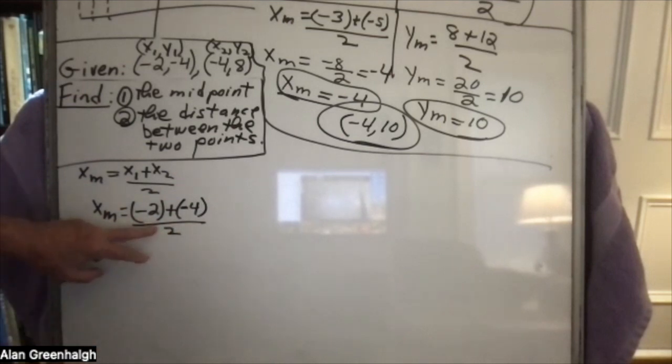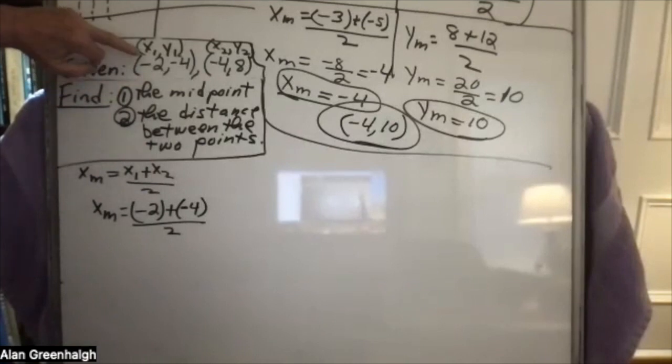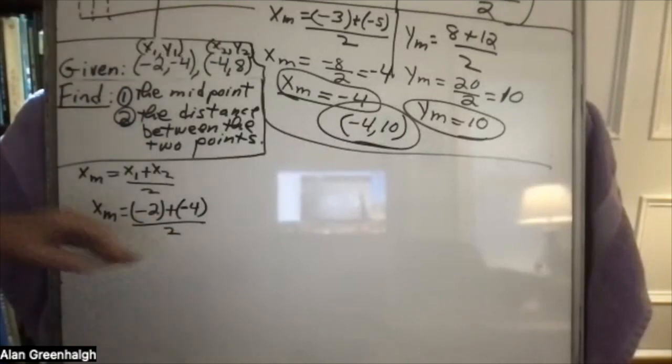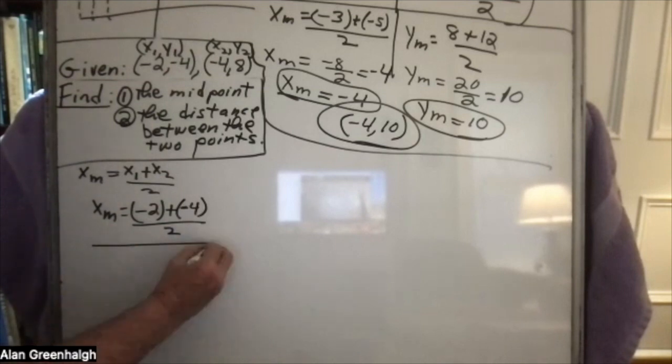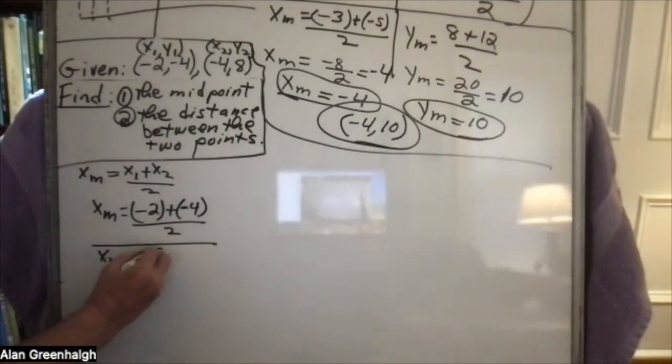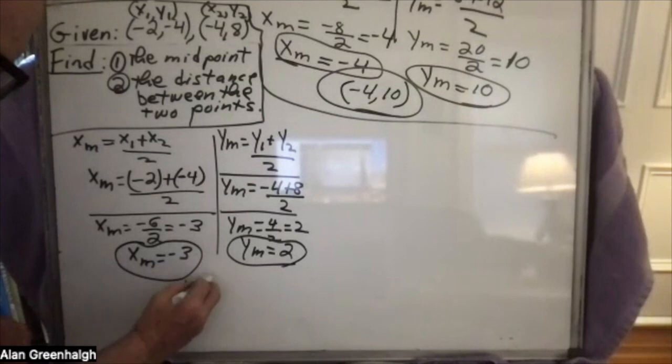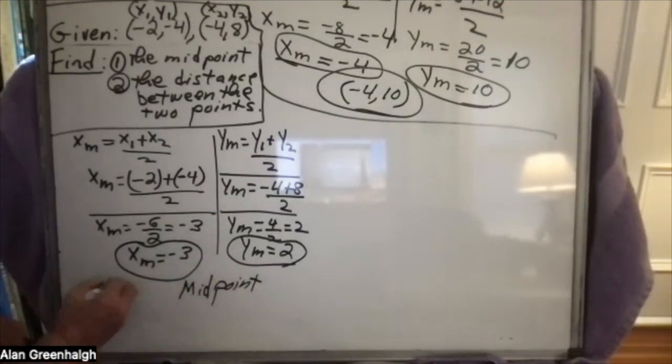And now what I do is I go back and check -2 plus -4 divided by 2. Okay, that's good. And we get -6 divided by 2 equals -3. But I think that I'm just going to say that the midpoint, well, let's put it this way.